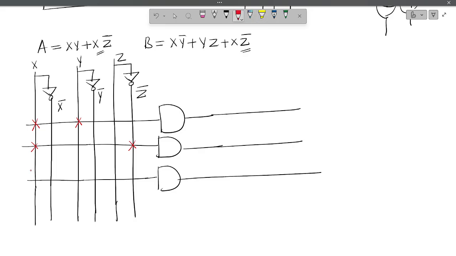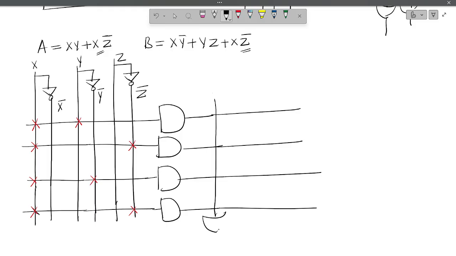This is XY bar, and next XZ bar. Here you are getting the OR array.